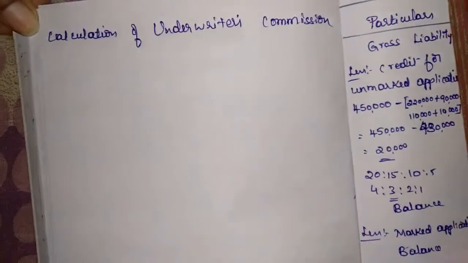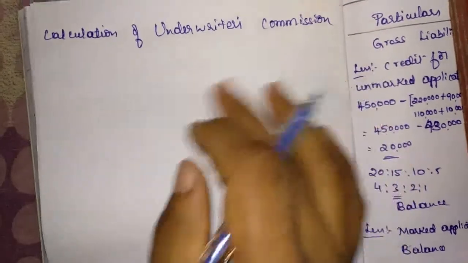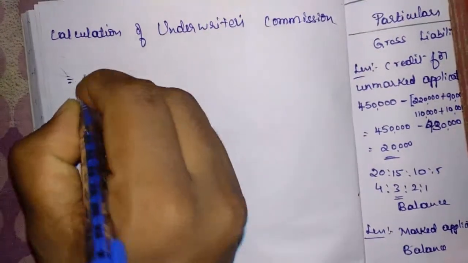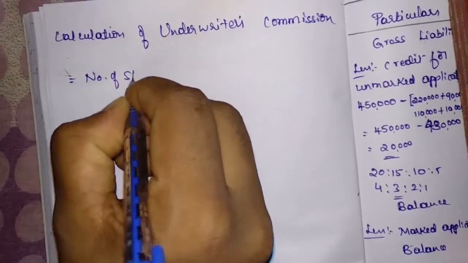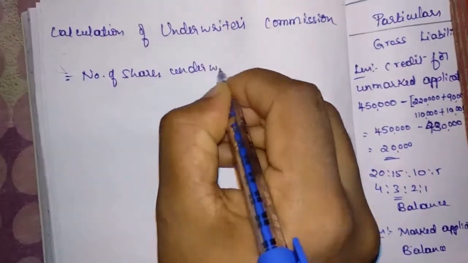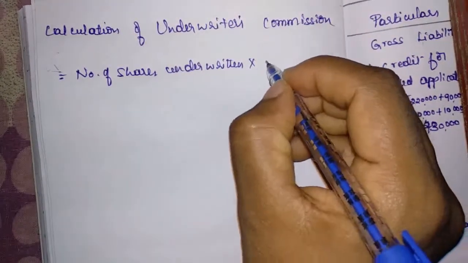Now let us see the underwriters' commission calculation. The formula for calculating underwriters' commission is the number of shares underwritten, that is the number of shares guaranteed to be taken up by the underwriter, into issue price.